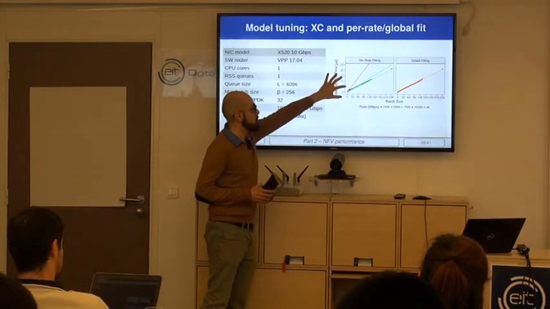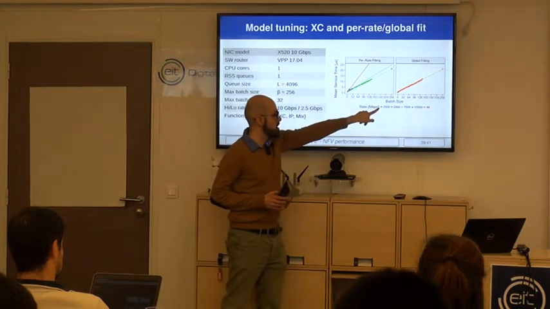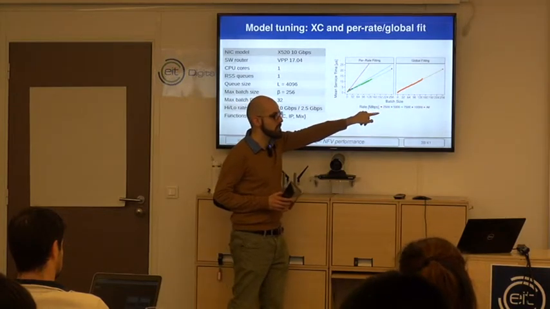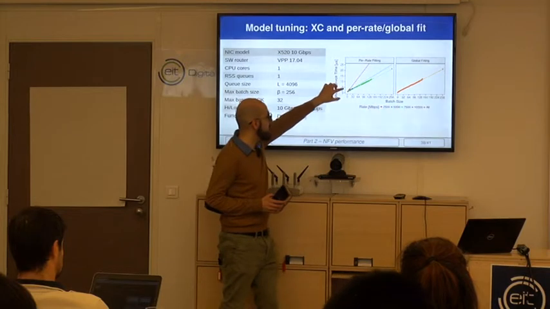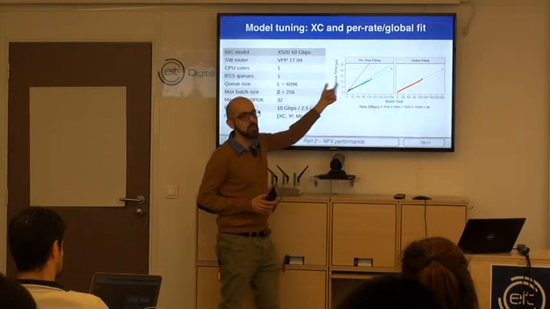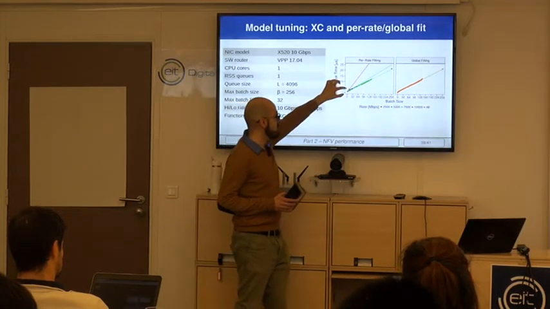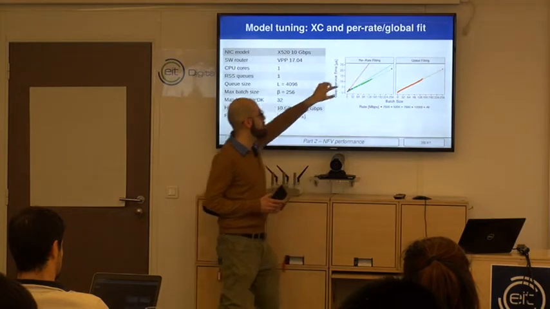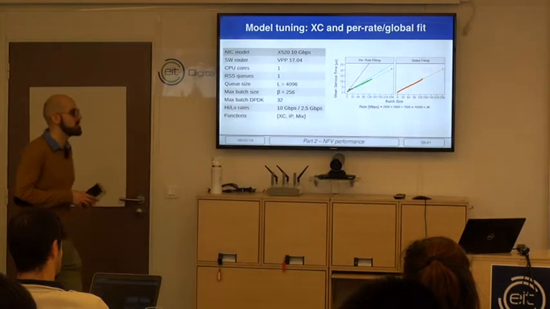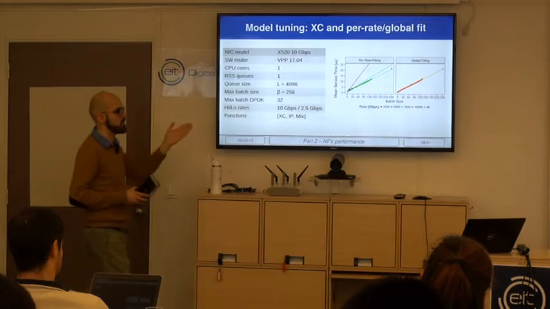And this is because for smaller rates, our processing time is not efficient, and so we expect that our curve is growing faster than what is real.